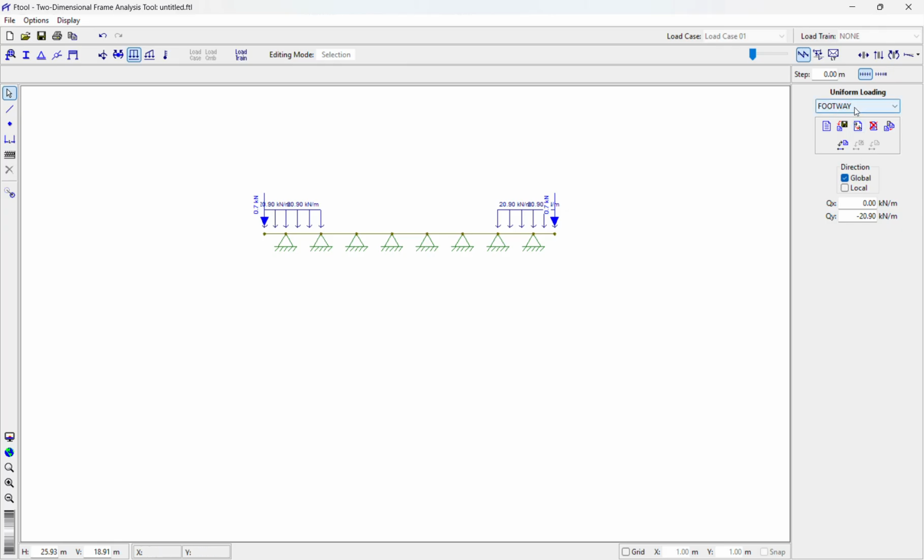So you come, create a new loading, deck UDL, done. Negative 18.61. You select your members, apply.